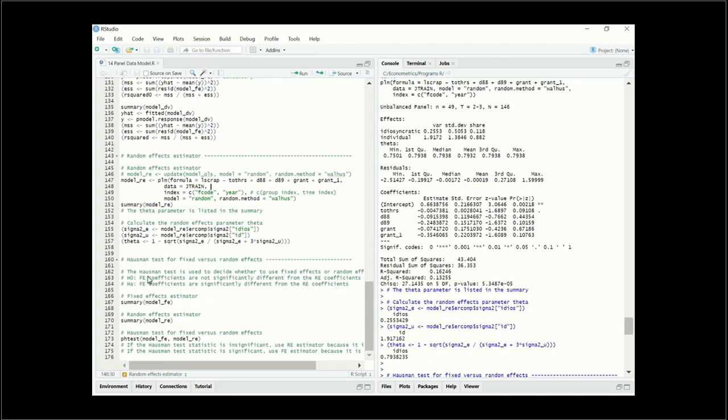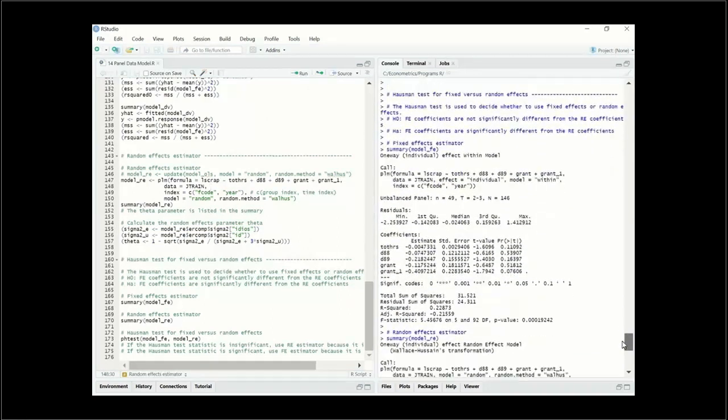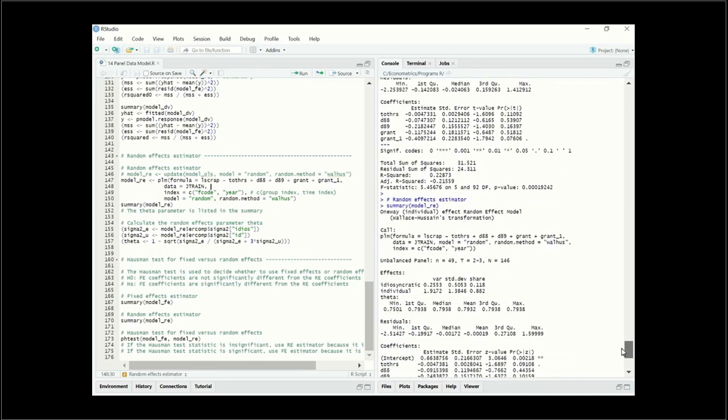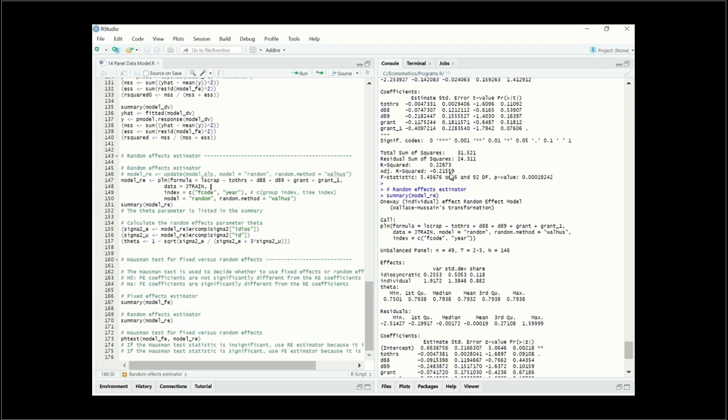So let's first of all call again the results from the fixed effects and the random effects estimator that we estimated above and just look at them one more time. So these are the results from the fixed effects and the random effects model. So these are the fixed effects, and these are the random effects model results.